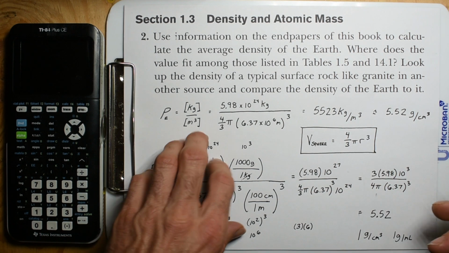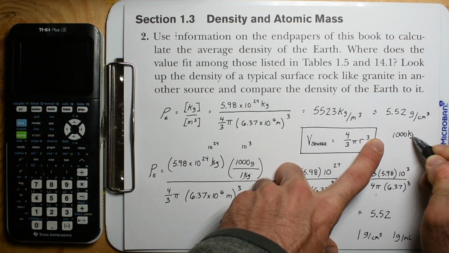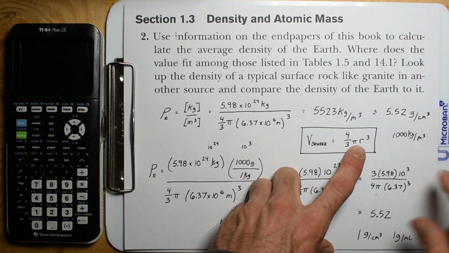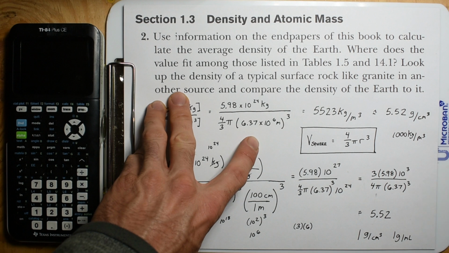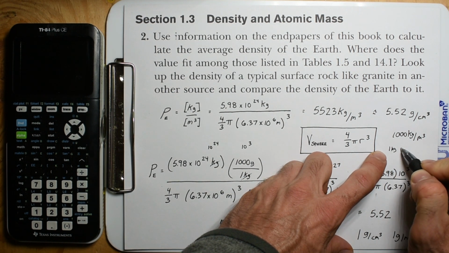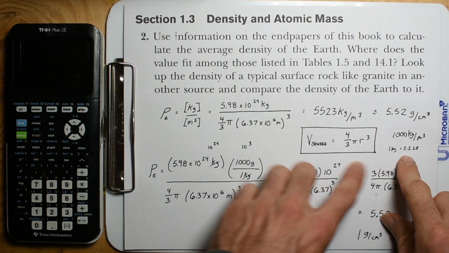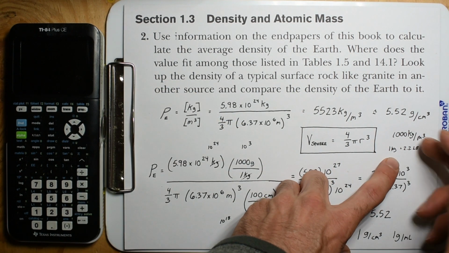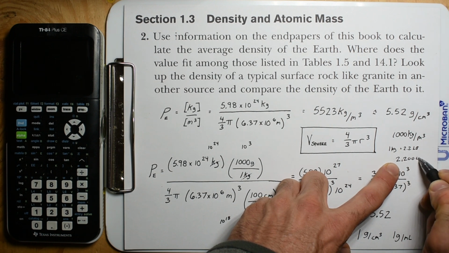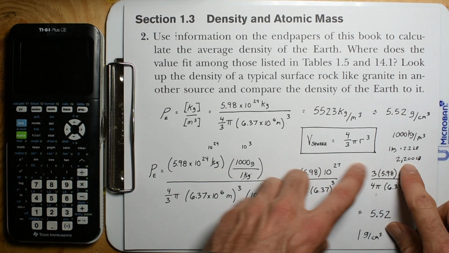We also need to know that water is 1,000 kilograms per meter cubed. This is also the definition of a metric ton. You might know that 1 kilogram is 2.2 pounds, so this is going to be 1,000 times that. A metric ton is 2,200 pounds, and that is a pretty cool one to know.